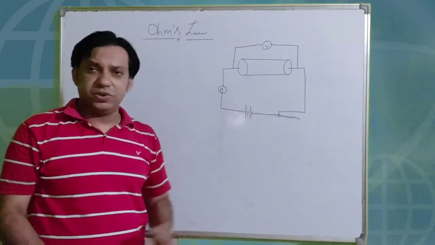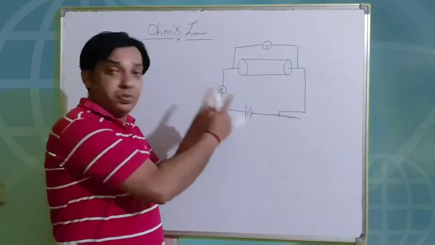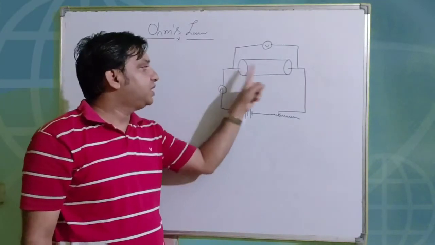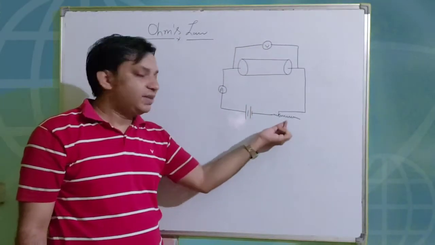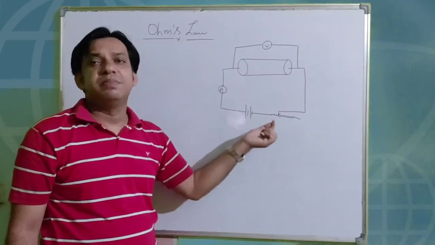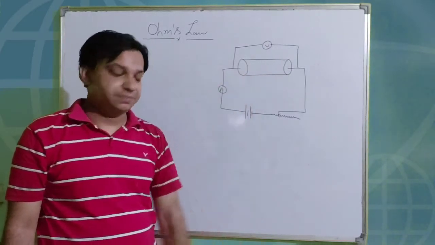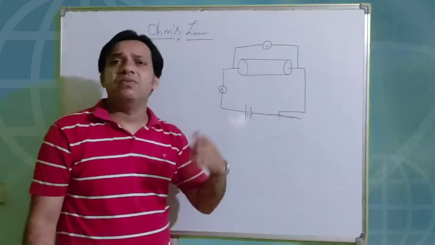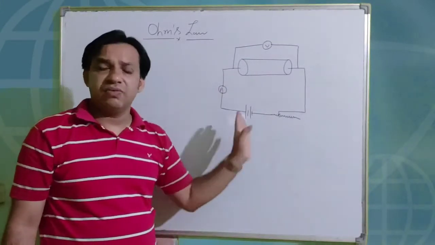To find the potential difference, you have to take 2 points, and the potential difference between these 2 points is indicated by this voltmeter. With the help of this rheostat, you can vary the potential difference across this conductor. The conductor is a simple kind of wire, and you are making this arrangement.